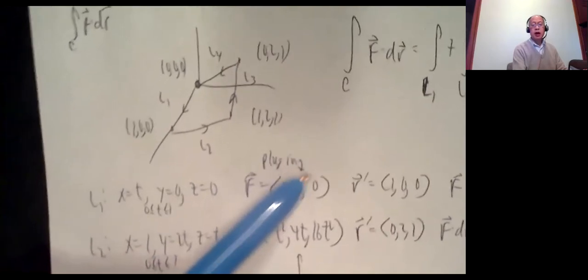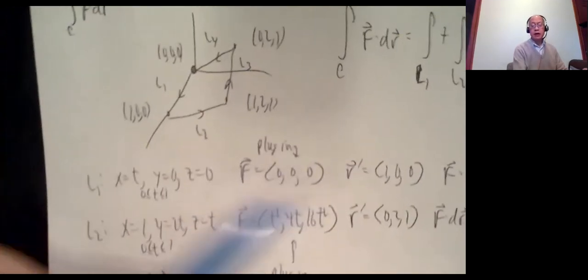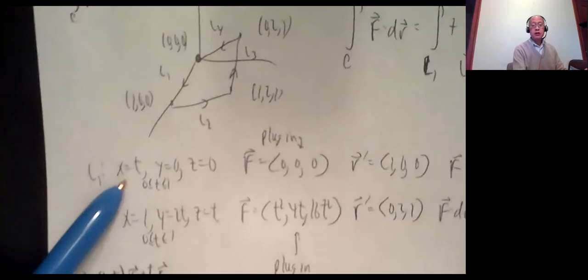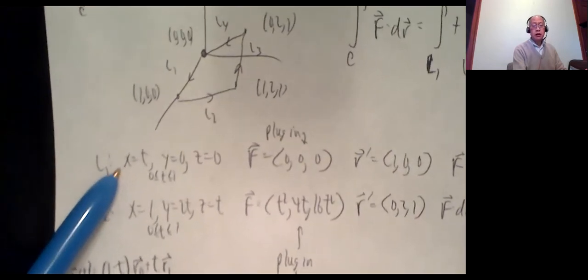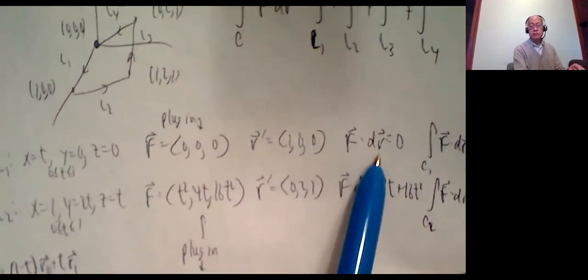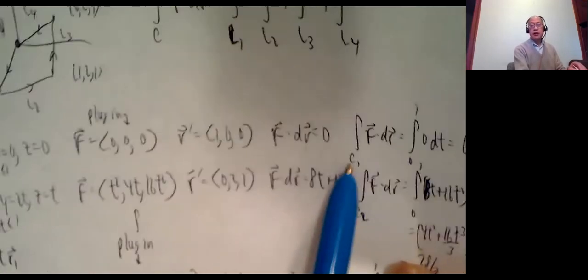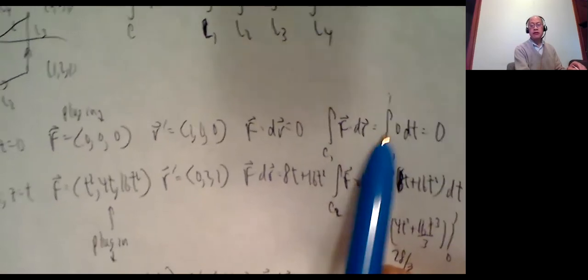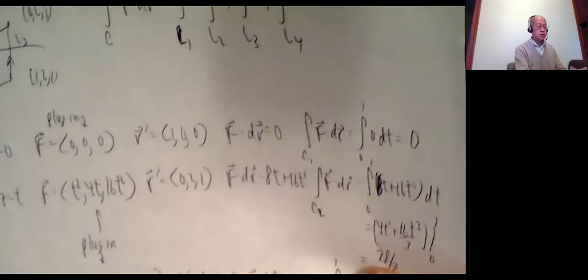I did r prime, although it doesn't matter. If I dot it with F, it's going to be 0. So remember, r is (t, 0, 0), so r prime is (1, 0, 0). Anyway, F dot dr is 0. So integrating along C1, F dot dr is the integral of 0 dt, which is 0.